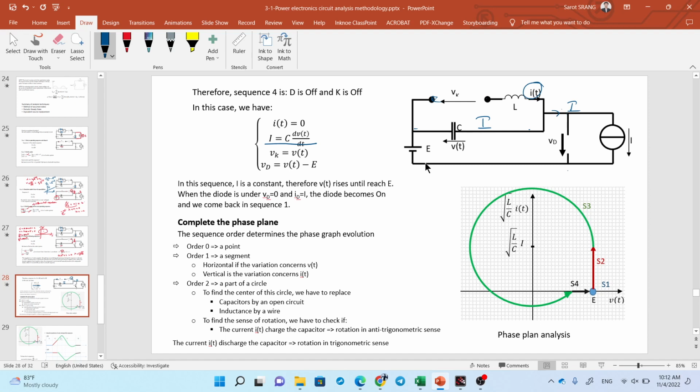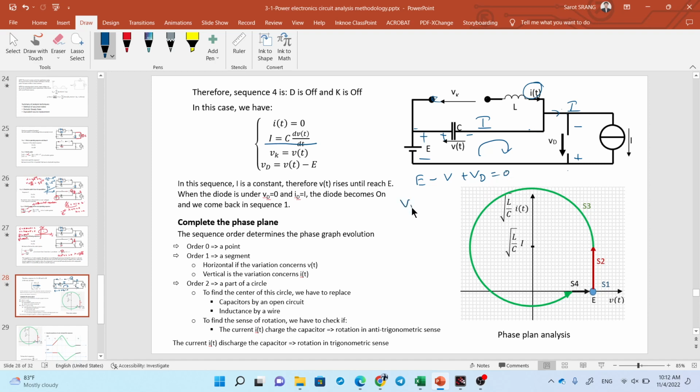Let's take a look at the terminal here, plus minus, and here there's plus, there minus, plus minus, and here, oh, plus minus here, like this. Try to write down using Kirchhoff voltage law. So E minus V plus VD equal to 0.